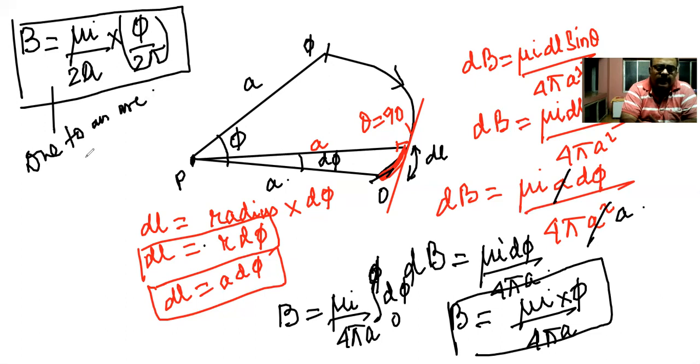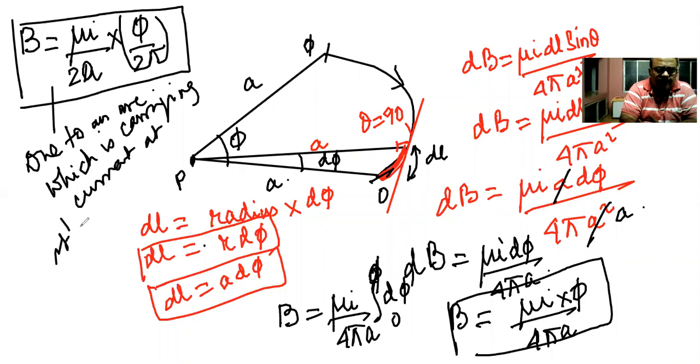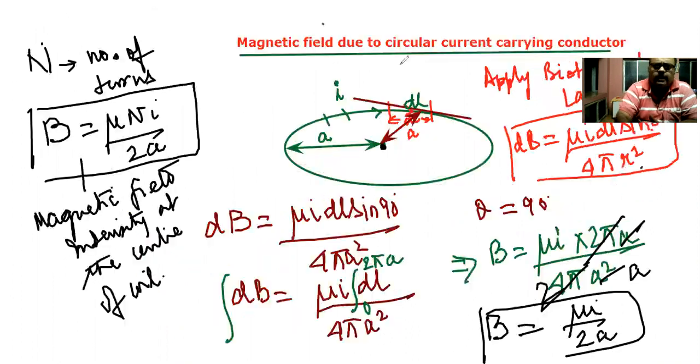This is the magnetic field intensity due to a current carrying arc at its center. So this is a very, very important proof. I think it's clear, because this is due to a circular current carrying conductor and this is due to a current carrying arc.